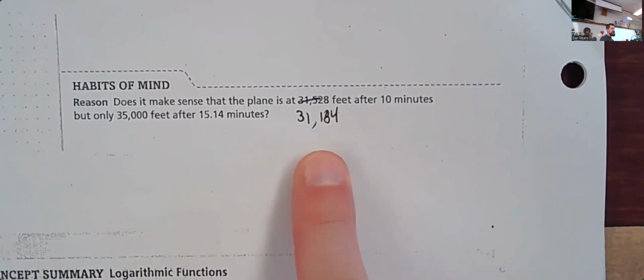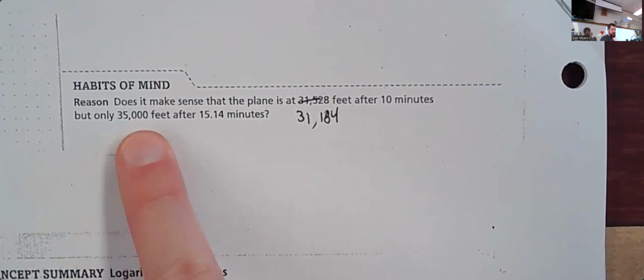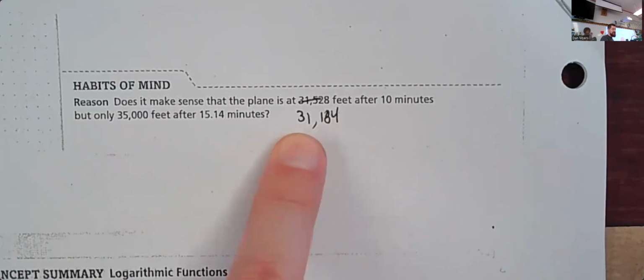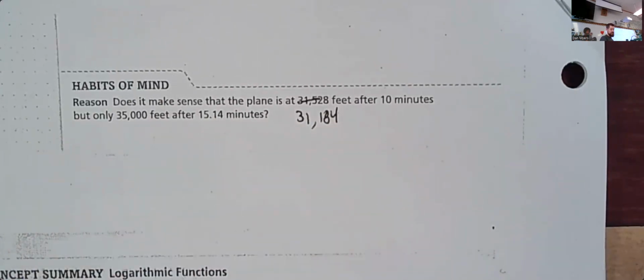But in the ensuing 5 minutes after that, it only climbs another 4,816 feet. Does that make sense in terms of how you would imagine a plane going? So 10 minutes goes up that high. The next 5 minutes, it only increases by another less than 5,000 feet. Does that make sense? In terms of how planes fly?